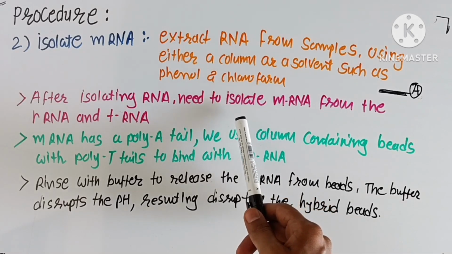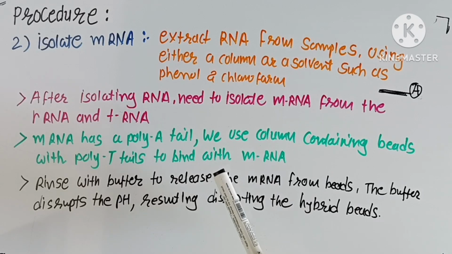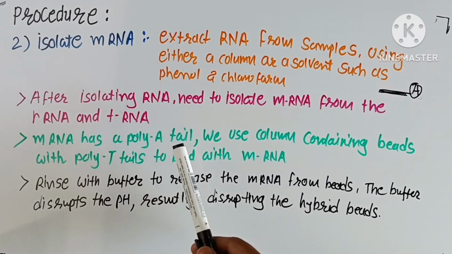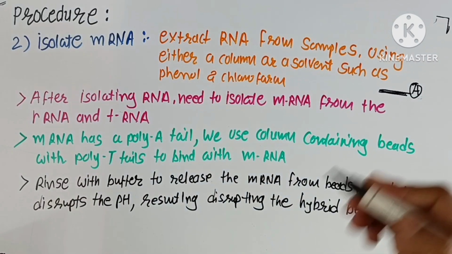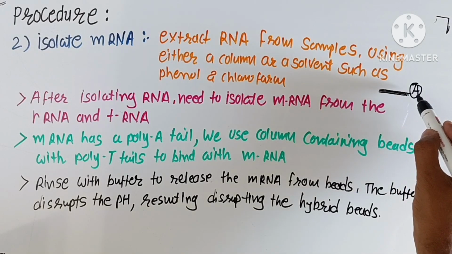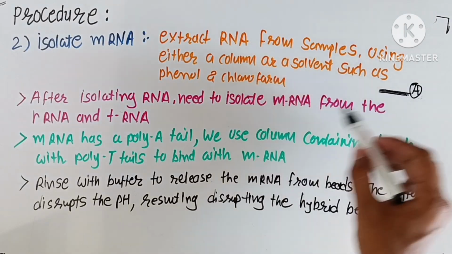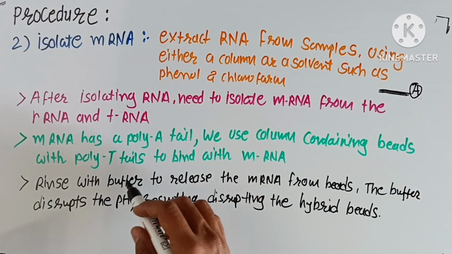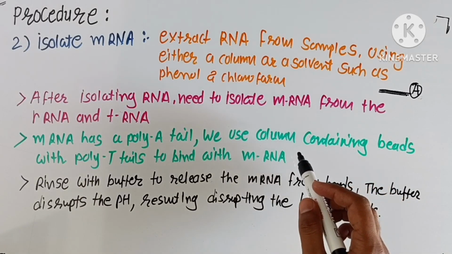For the mRNA isolation, we require one technique, that is a column-containing technique, where the column contains beads with poly T tails. As you know the structure of mRNA, at the end a poly A tail is there, which binds with poly T tails. A binds with T. So the poly A tail binds with the poly T tails already present on the beads in the column.